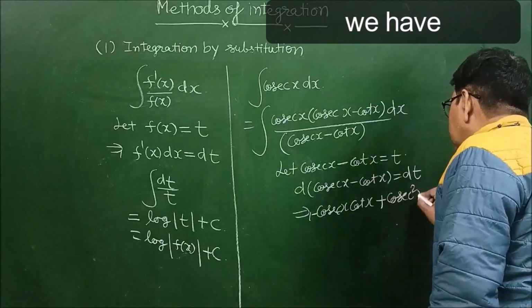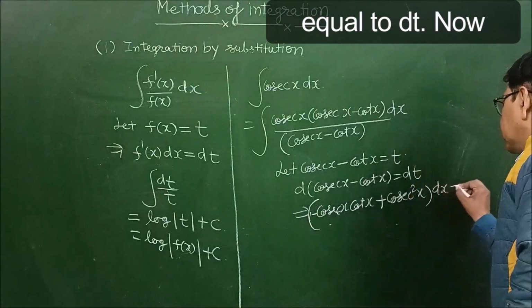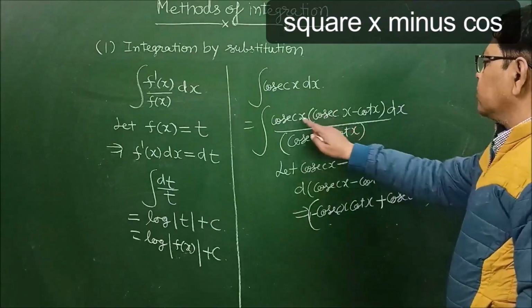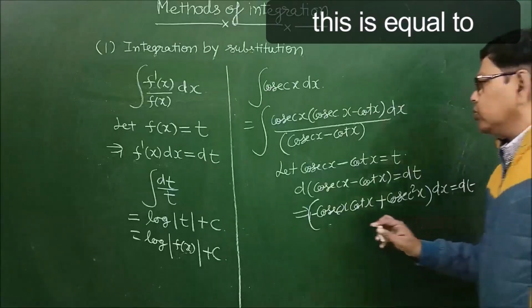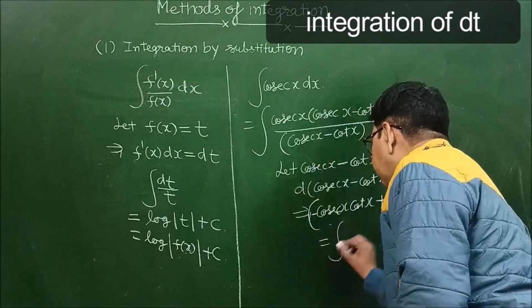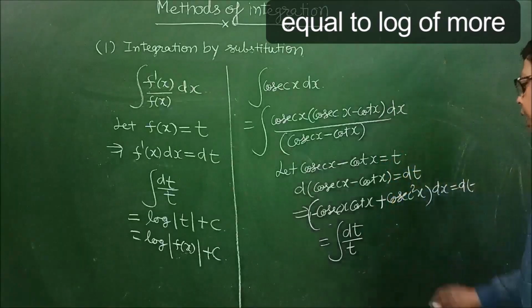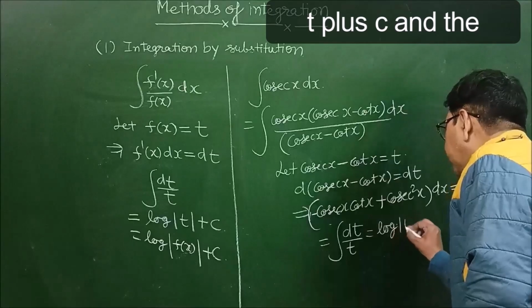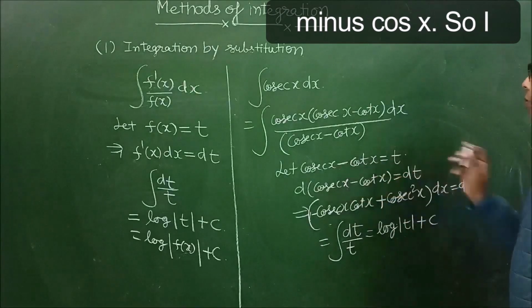Because we have differentiated with respect to x, (cosec square x minus cosec x cot x) dx is equal to dt. Now here we can replace cosec square x minus cosec x cot x by dt. So this is equal to the integration of dt upon t, which is equal to log of mod t plus c, and the value of t is cosec x minus cot x.